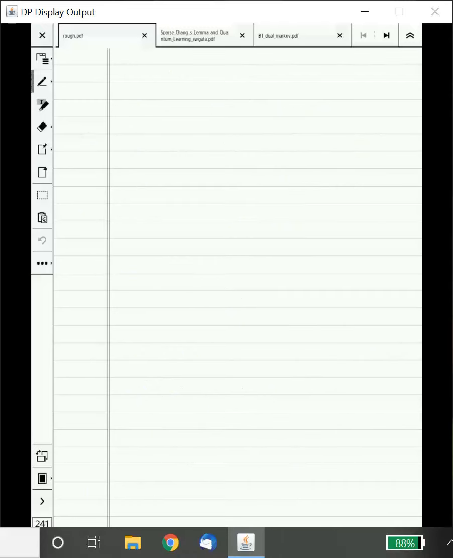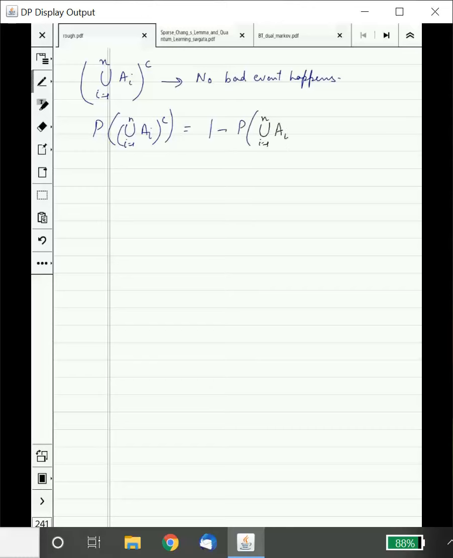You realize that it is, if you take the union, for which we actually wrote down the formula, and take the complement of it. Remember, A1, A2, AN, all these were bad events. So this tells us that no bad event. Then we are interested in this probability that no bad event happens. This is 1 minus probability of the union. And we know this expression.